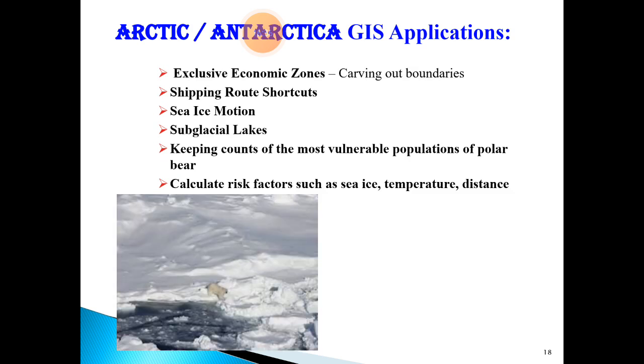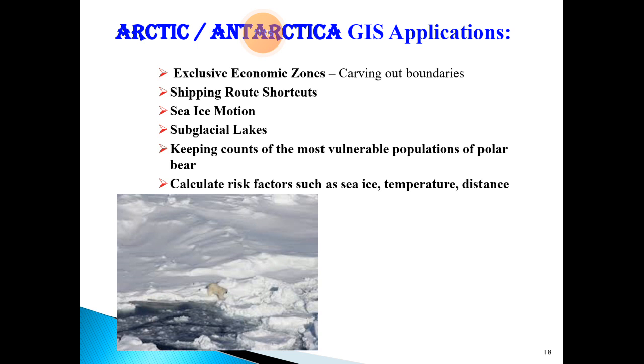The next is GIS also finds its application in the analysis of polar zones, namely Arctic and Antarctica zones. It includes monitoring of boundaries of Arctic zones like Canada, Norway, Greenland, etc., and monitoring of shipping route shortcuts for the transportation of goods through the Arctic passage using the path of melting ice in the North Pole.